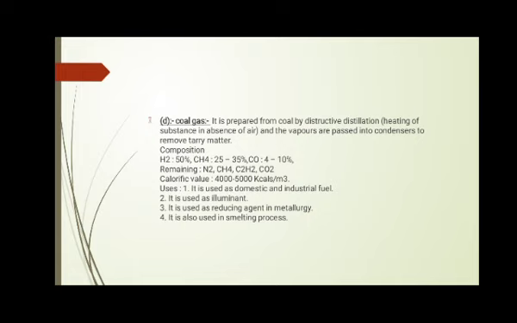Major compounds are hydrogen 50% and methane 25 to 35%. Calorific value of coal gas is 4,000 to 5,000 kilocalories per meter cube.